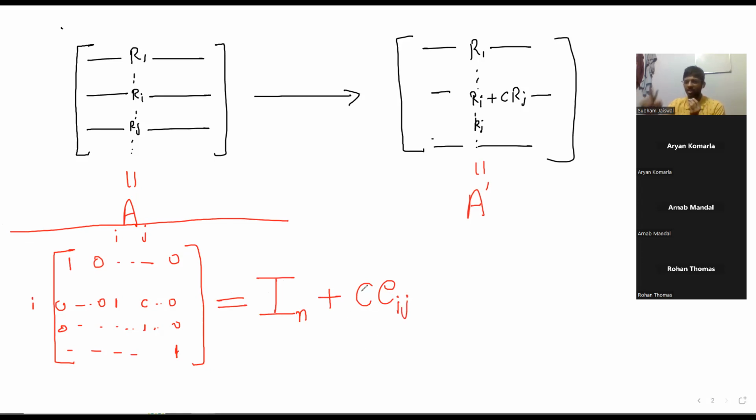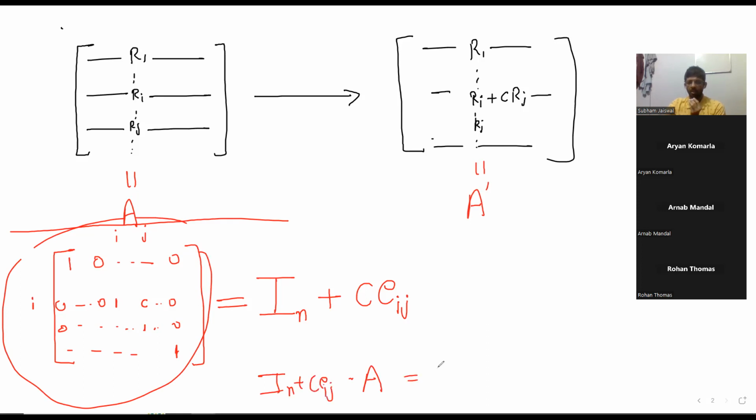Eij is a matrix which has only 1 in the ij position, 0 everywhere else. You can just think that with this matrix, I have done the same thing as I did to A. I have taken the identity matrix and added C times the jth row to the ith row. But now, as we discussed, we will do examples on the other side.